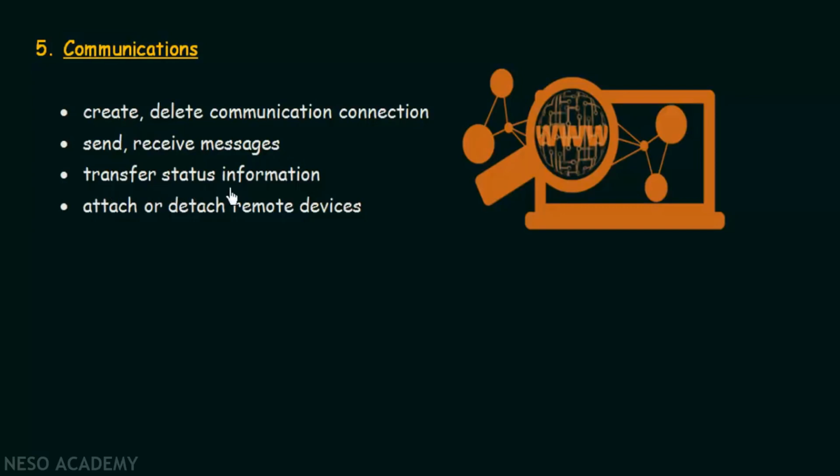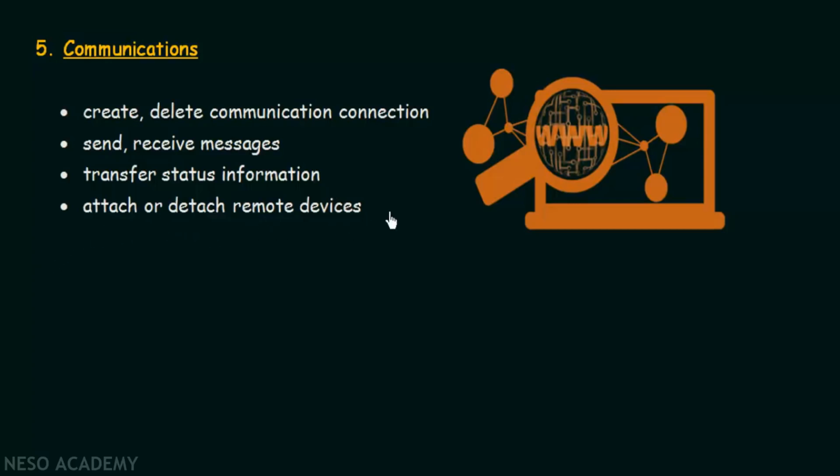Then we have transfer status information. That means when the processes communicate to each other, they may need to report the current status of that particular process. A process may need to say that, yes, I have completed my execution, or it may have to say that I need access to this particular resource. In that way, the process is transferring its status information. Then we have attached or detached remote devices.